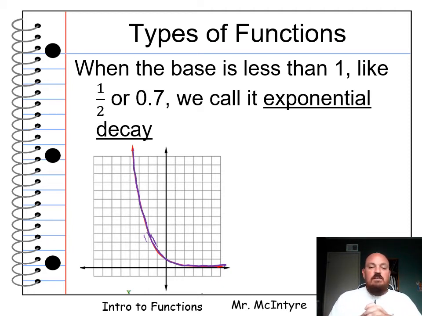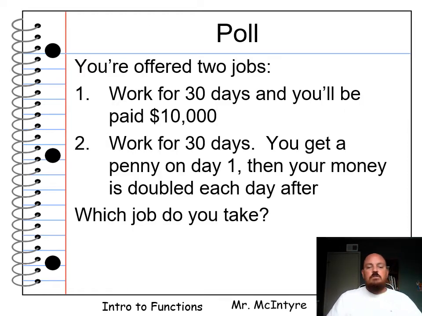And to really give you an example of exponential growth, here's a little kind of a riddle for you guys. So let's say you're offered 2 jobs to work for the next 30 days, to work for a month. And the first job says, if you work for me for 30 days, I'll give you $10,000, which is a lot of money.